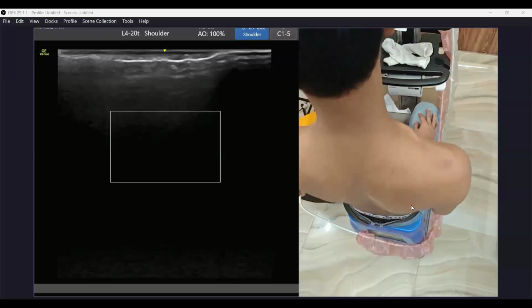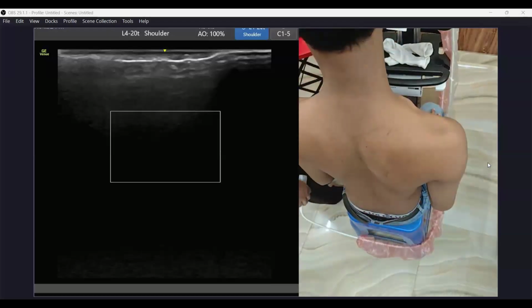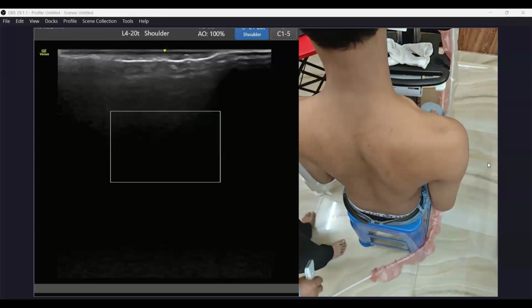Okay, so as I told you, you can see the facet joint with ultrasound, but going inside the facet joint in a thoracic spine is not usually done due to the chance of complications. If you go a bit medial, you will directly go interlaminar.